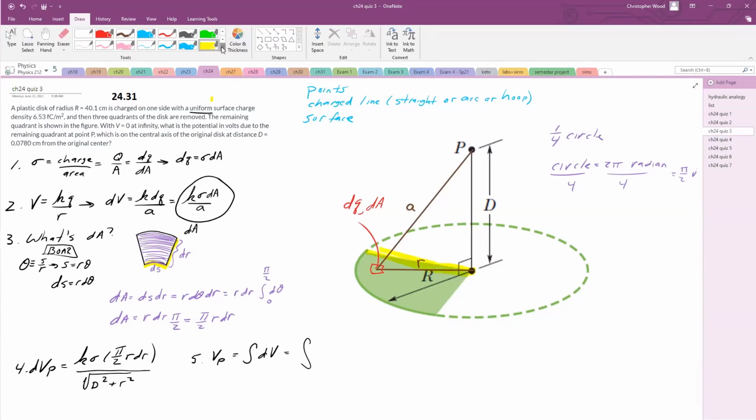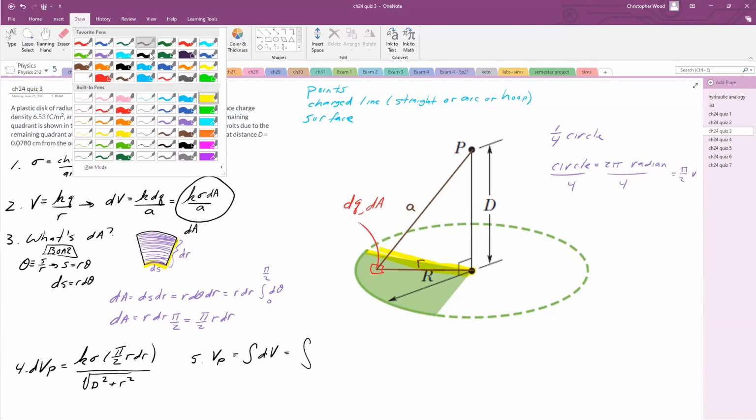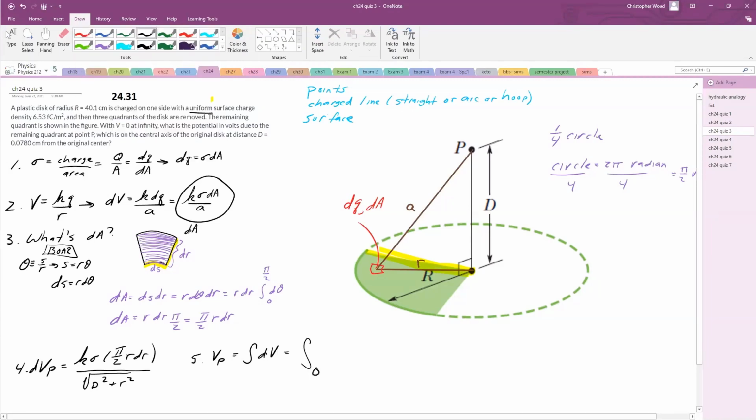So that's why I'm going to specify my lower boundary as 0, the center of the plate, all the way to big R, collecting all of those elements from the center of the plate to the outer perimeter, of K sigma pi over 2 r dr all over square root of d squared plus r squared.